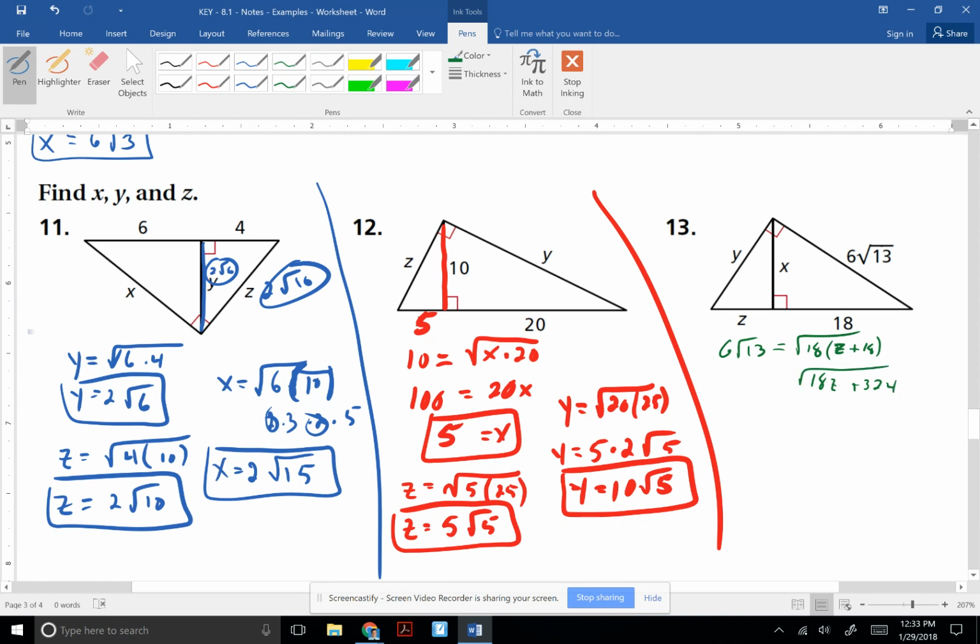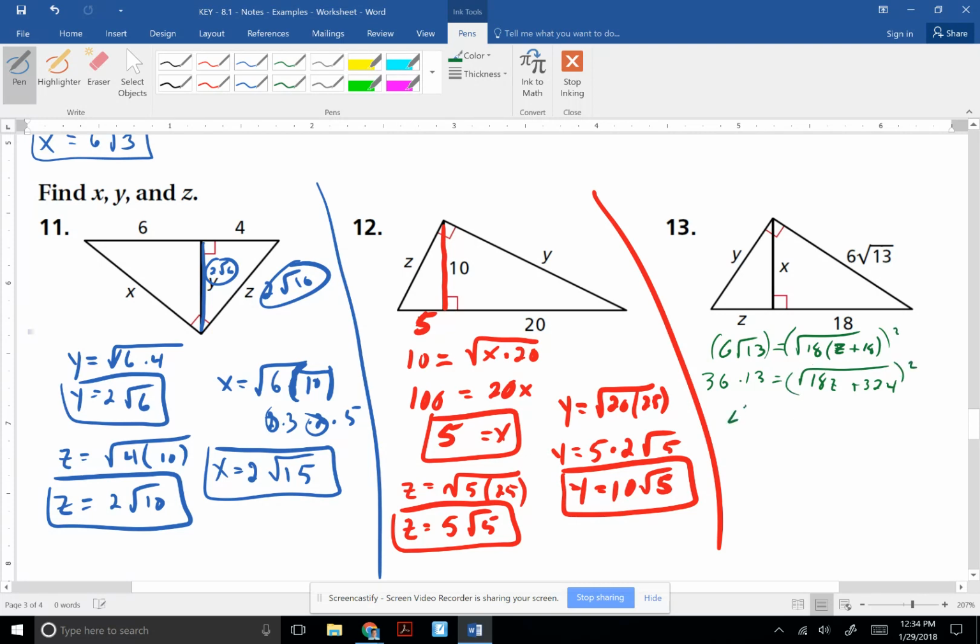And then we can do 36 times 13 on this side. Because I'm squaring both sides, right? I didn't do that yet, but I'm about to. 36 times 13, I did that wrong. All right, so this is when I square both sides, and I forgot to square that one.